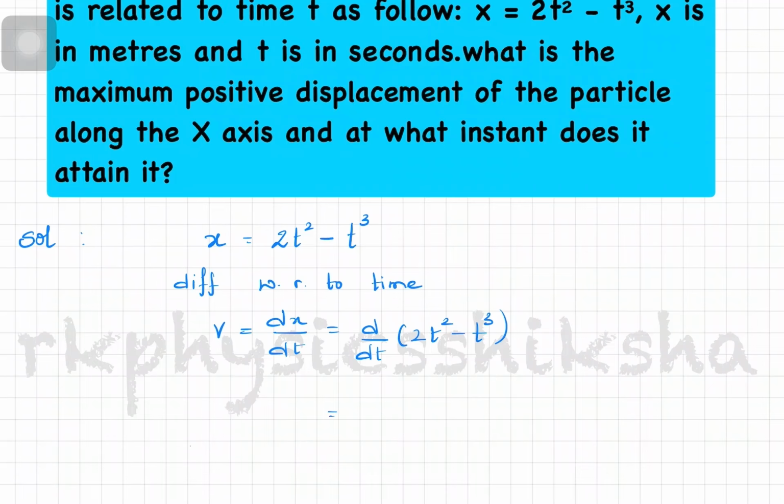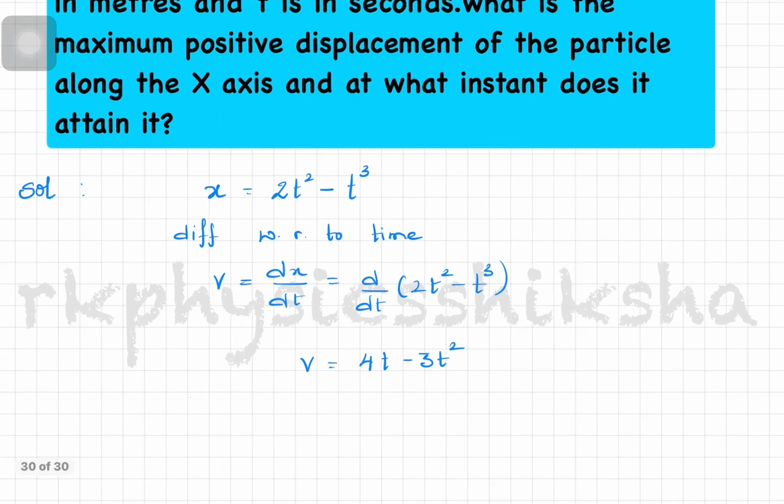On simplifying, we get 4t minus 3t square. This is the velocity of the particle, which depends on the time t.